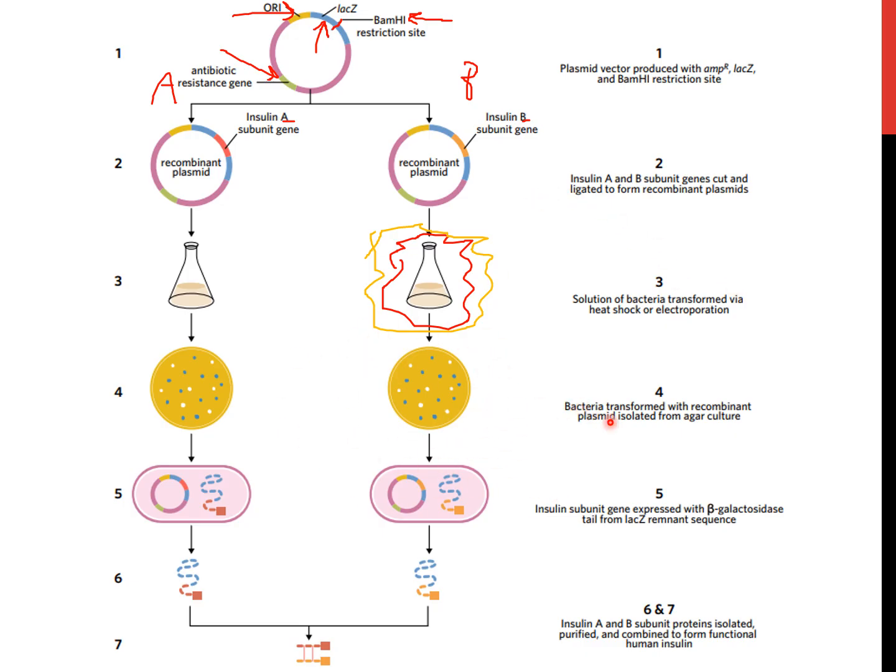So bacteria transformed with recombinant plasmids are isolated on an agar culture. All right, so we have our agar plate here. It has XGAL, which is a type of lactose that will be broken down. All right. Well, yeah, they can be broken down depending on if the recombinant plasmid is present or not in the bacteria.